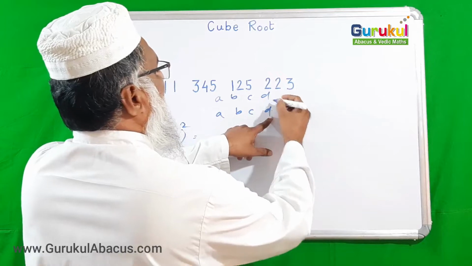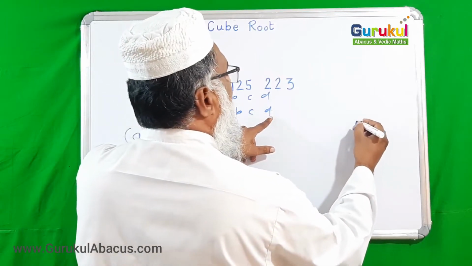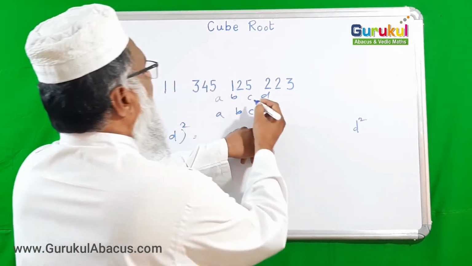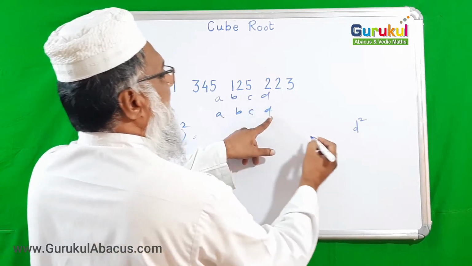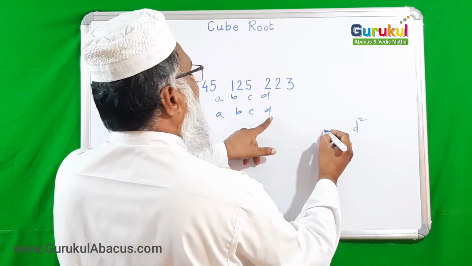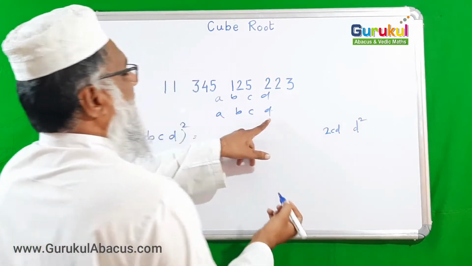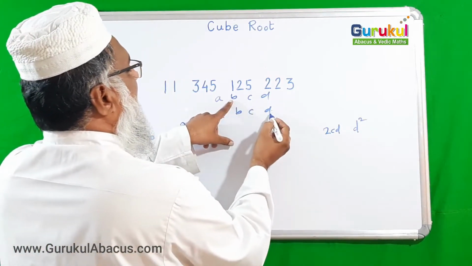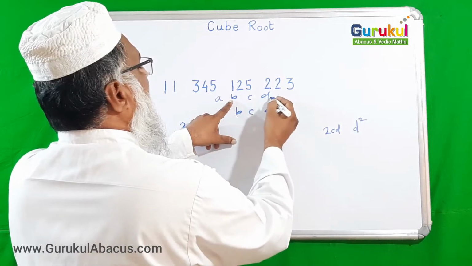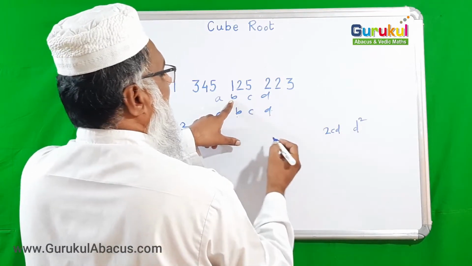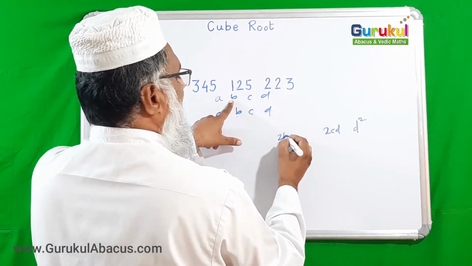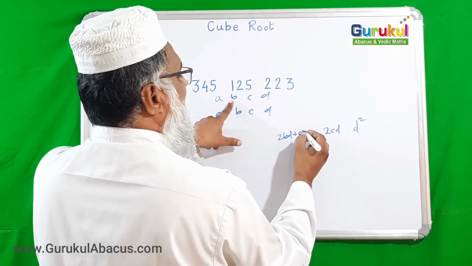So d into d, we found d square. Now cd and cd, it means we found 2cd. Thirdly bd and bd, means 2bd plus c square.